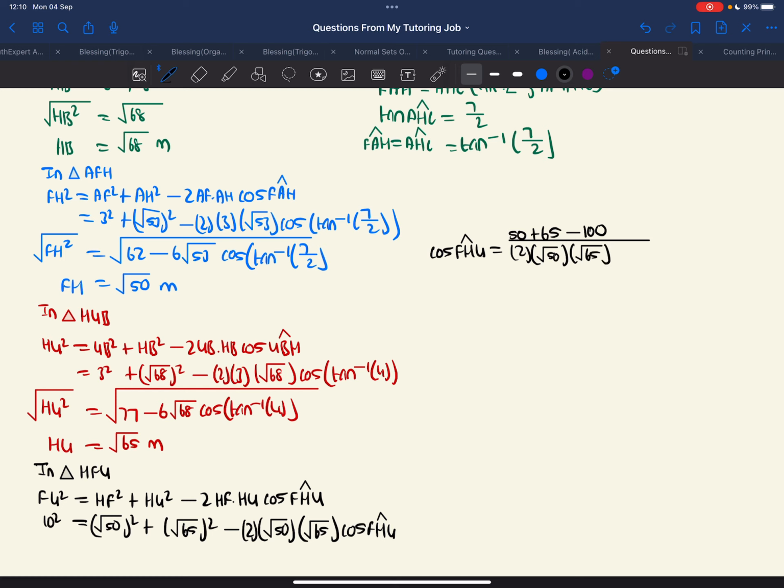If you simplify all of that, I get 0.131558729.